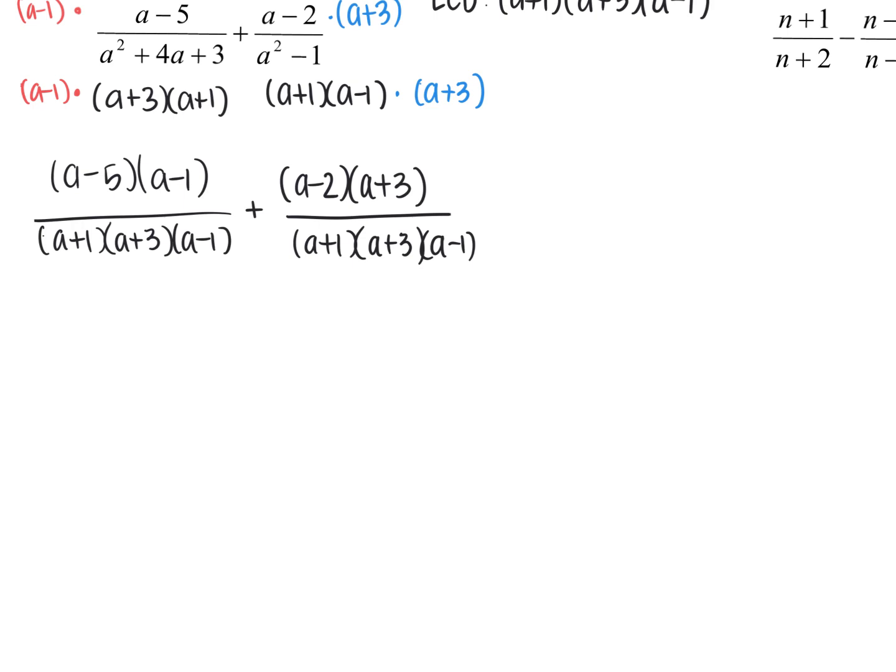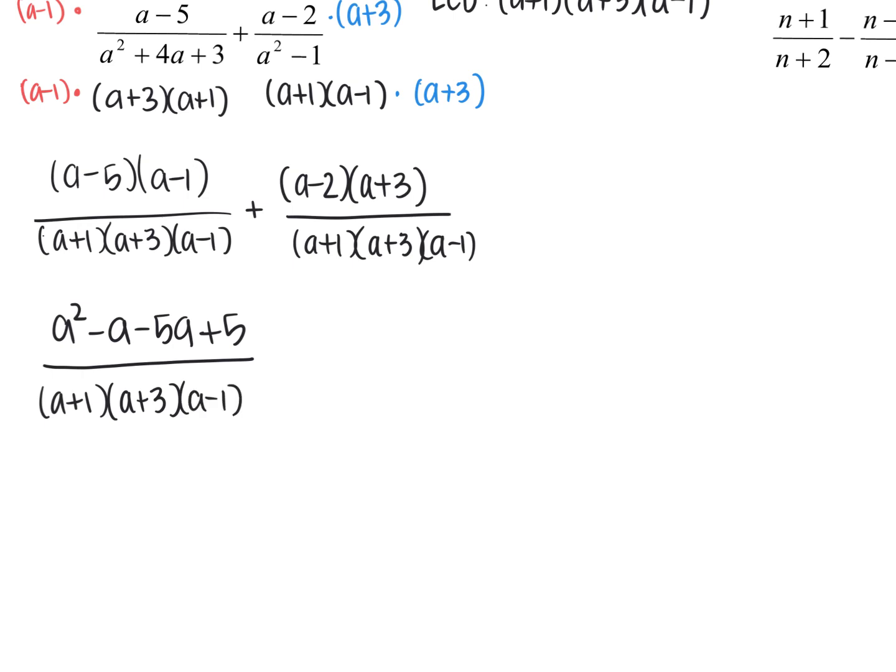So a times a is a squared. A times negative 1 is negative a. Negative 5 times a is negative 5a. And then negative 5 times negative 1 is positive 5. Still all over a plus 1, a plus 3, a minus 1.